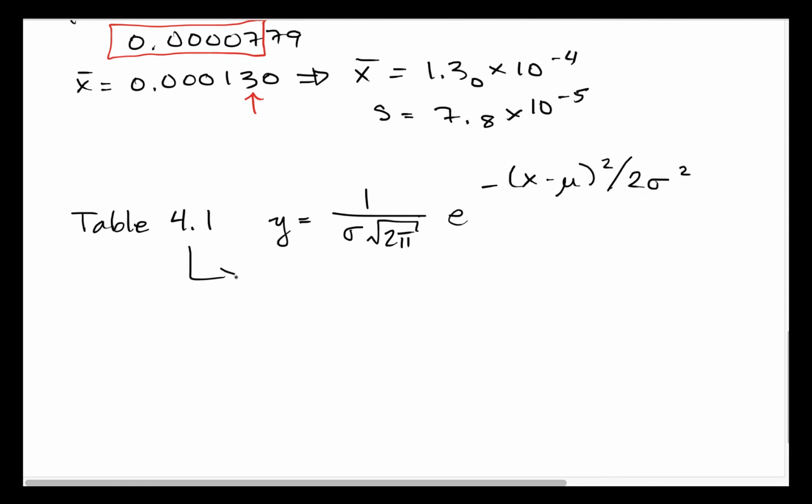And in this table, the function that is actually graphed is 1 over square root of 2 pi e to the minus z squared over 2. And that's because they have defined for this function x minus mu over sigma was equal to z. Okay, so let's go back over to table 4.1 for just a second.